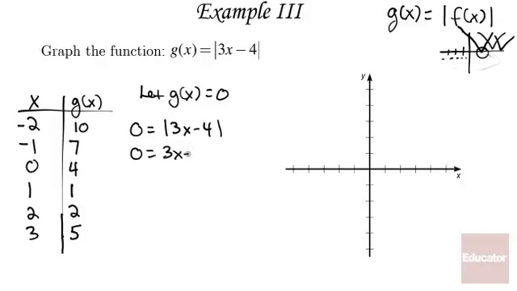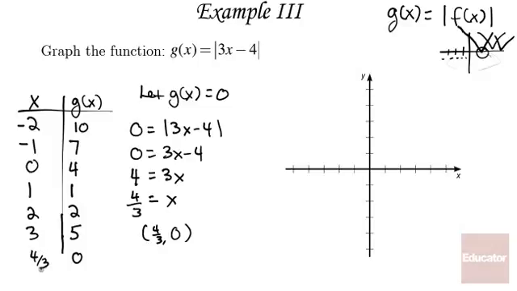And then I go ahead and solve this equation. So 0 equals 3x minus 4. Add 4 to both sides. X equals 4/3, or x equals 1 1/3. So when g of x is 0, x is going to be 4/3. I can put that over here.